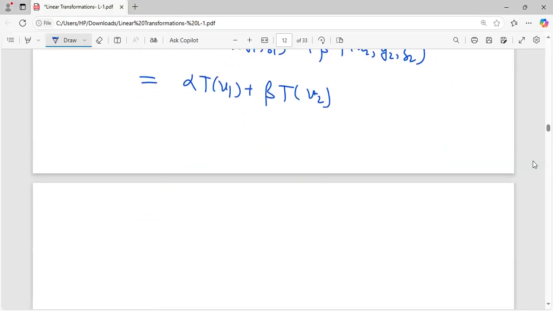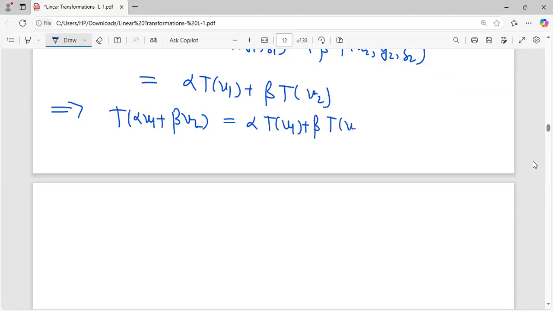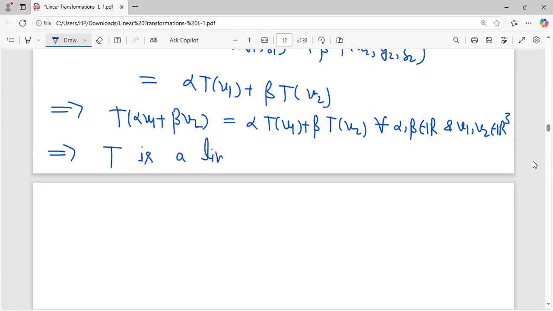So this implies T(alpha v1 + beta v2) is equal to alpha T v1 plus beta T v2 for all alpha, beta belonging to R and v1, v2 belonging to R cube. So this implies T is a linear transformation.